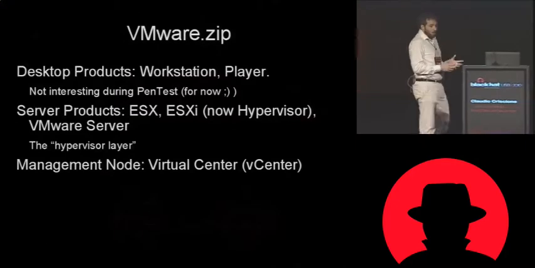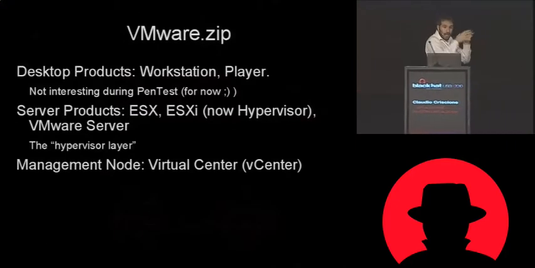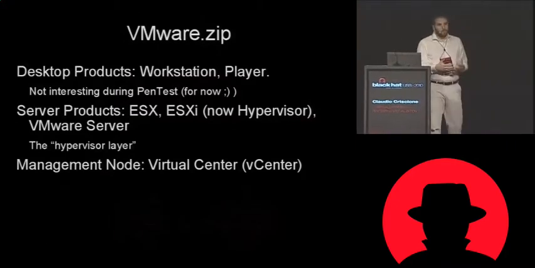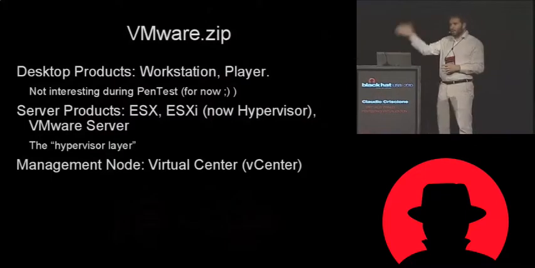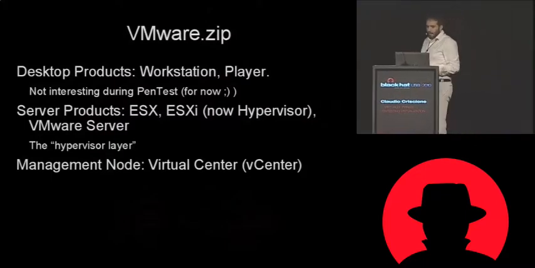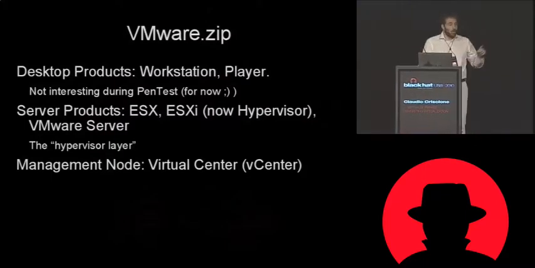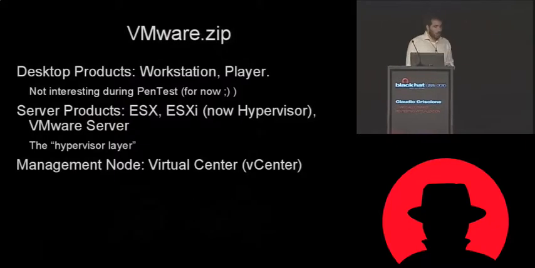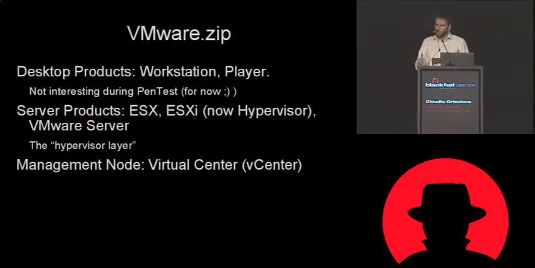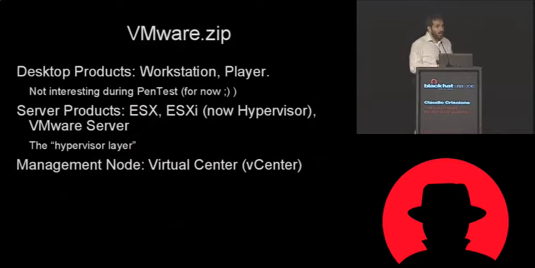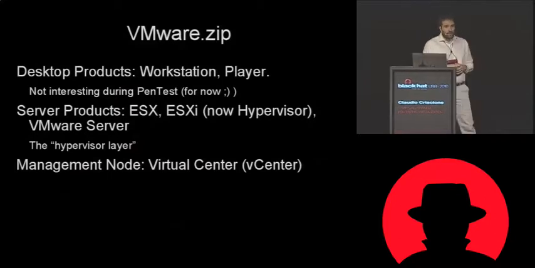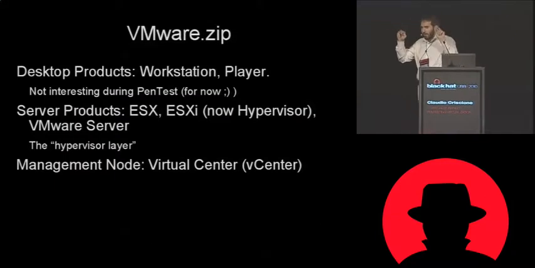You have some desktop products like Workstation and Player, which are today not very interesting from a pen testing perspective. There will be more client-side attacks in the future, I'm sure, but for now we're going to concentrate on server products, which are ESX, ESXi, which is now called Hypervisor, I believe, in the last release, and the VMware Server hosted product. This is what they call the hypervisor layer.